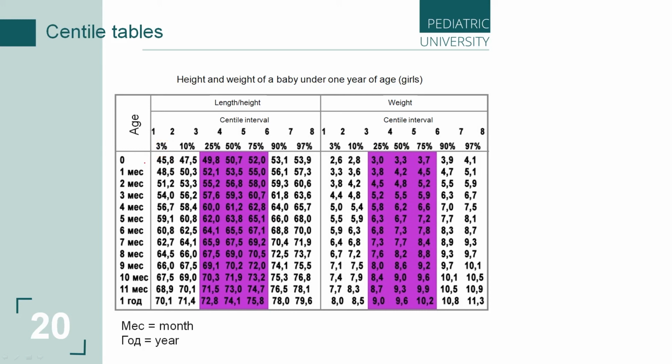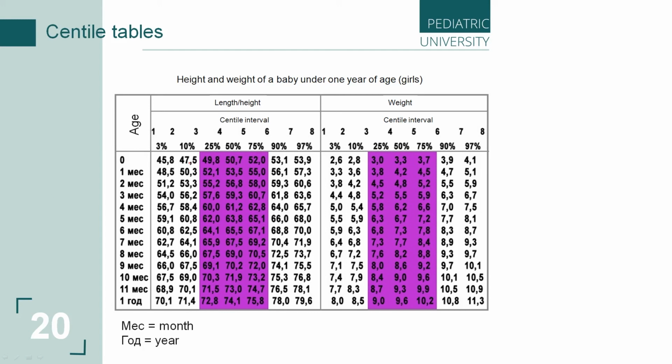The interquartile range is highlighted in purple, which is the norm. You can see the purple color. Centile intervals are assessed when a pediatrician examines a child under 1 year of age at a certain period, measures height and body weight, and looks at which centile intervals the values fall within.